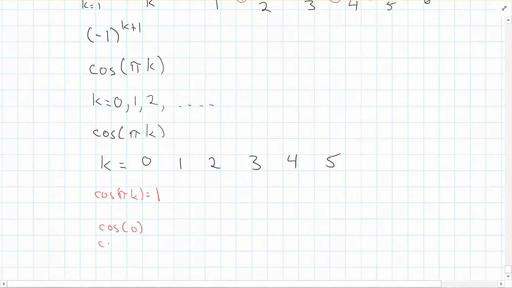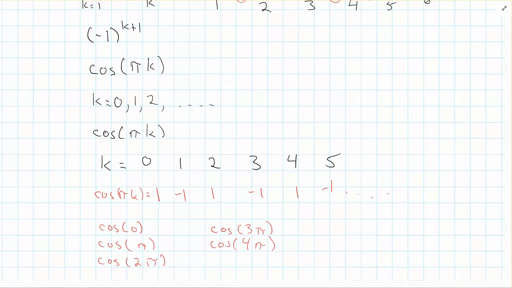Then you'd have cosine of pi, which is -1, cosine of 2 pi, which is positive 1, cosine of 3 pi, -1, cosine of 4 pi, which is positive 1, and then of course -1, and we could go on, and that is alternating there.